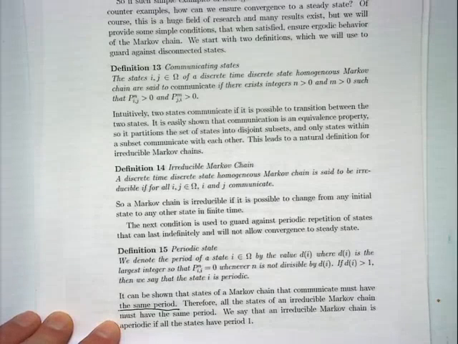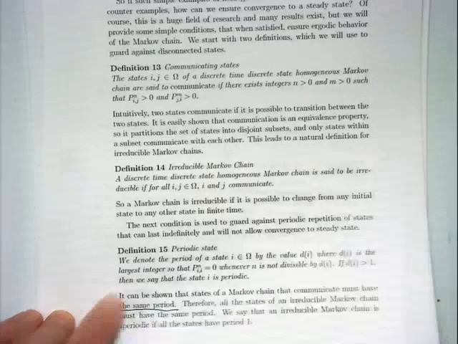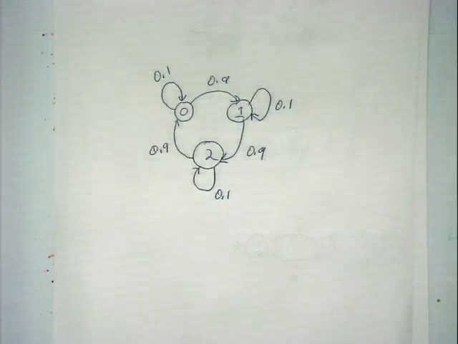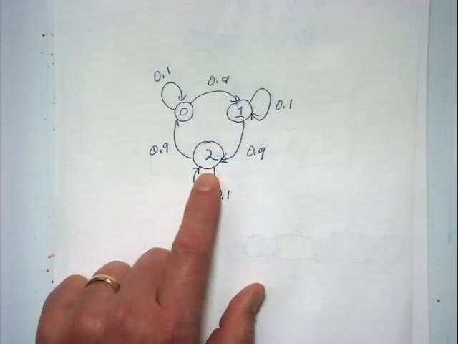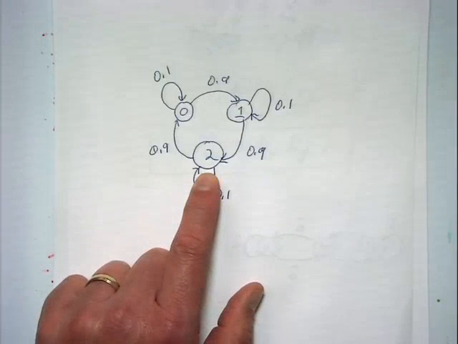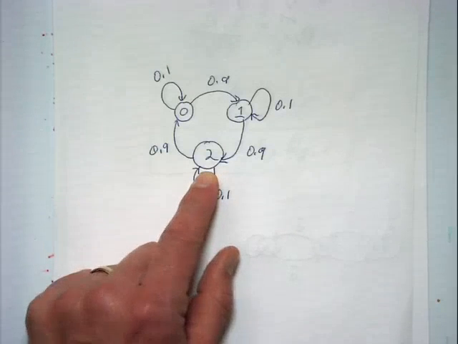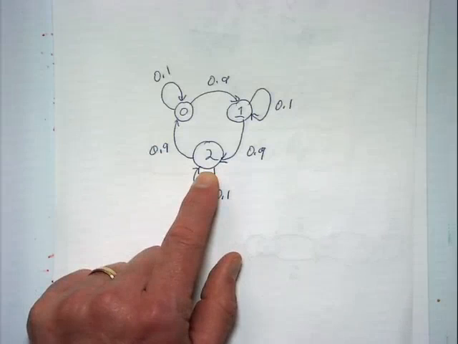Intuitively, if they didn't have the same period, they would kind of interfere, right? So these all communicate, so they all have to have the same period. I only have to check what the period of one of the states is, and if I find the period of one state, I know the period of all the other states, okay?